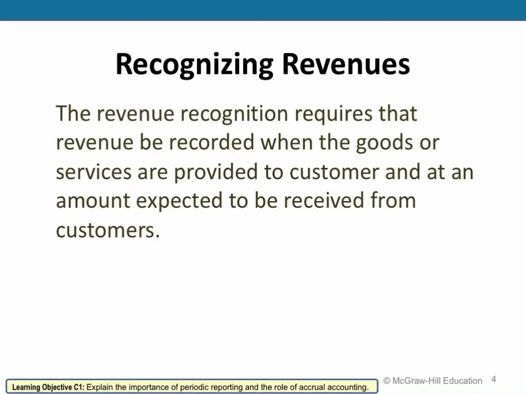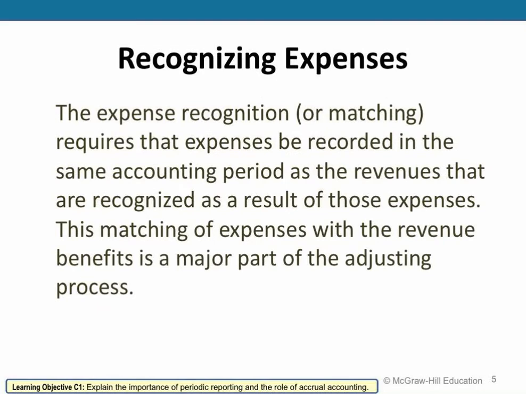Another GAAP principle says that we want to recognize those expenses in the same period as the revenue recognition. So, for example, if we were selling a cup of coffee and we provided that cup of coffee to the customer, we'd want to record the revenue when the cup of coffee was delivered, regardless of whether the customer might have come in early to purchase a gift card to come back later, or whether the customer might have gladly paid tomorrow for the cup of coffee today and put that cup of coffee on, say, a tab or something like that to come back another day to pay.